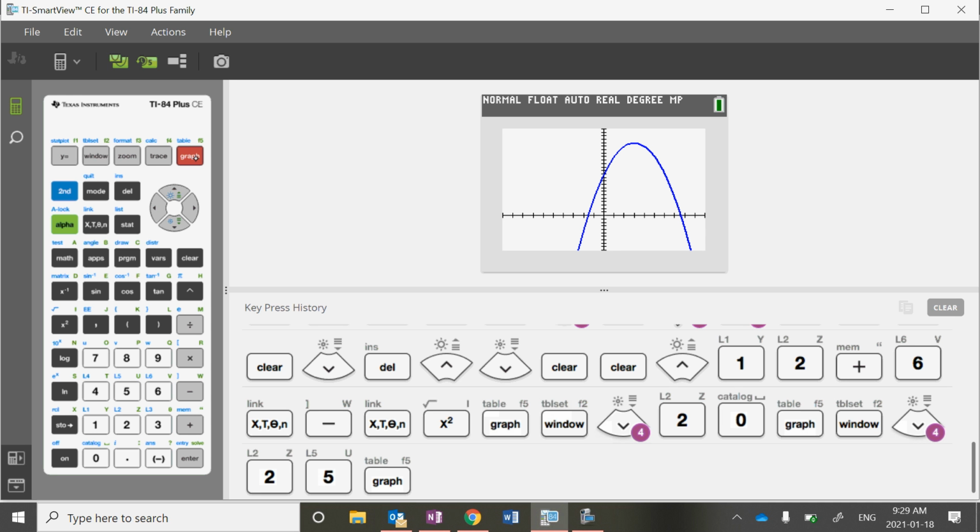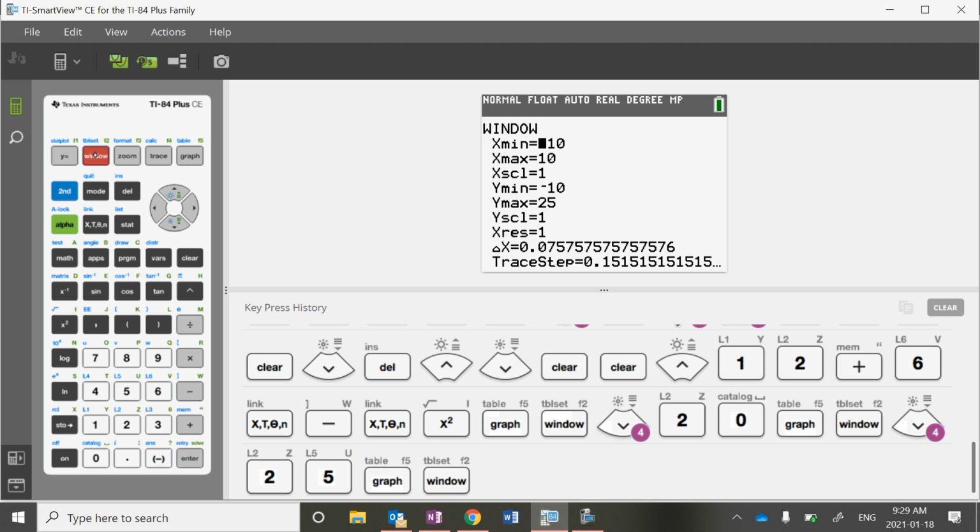So I made my y max 25. I didn't actually change any of my x, or anything else from the standard settings. I just made my y value higher. Again, you want to see both x-intercepts and your y-intercept. So these are my window settings.